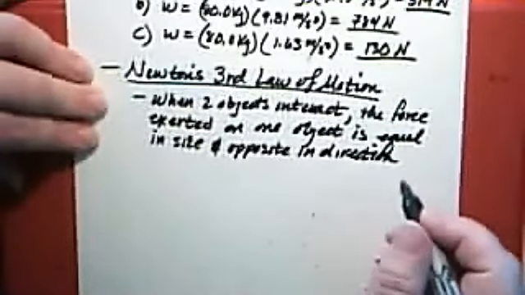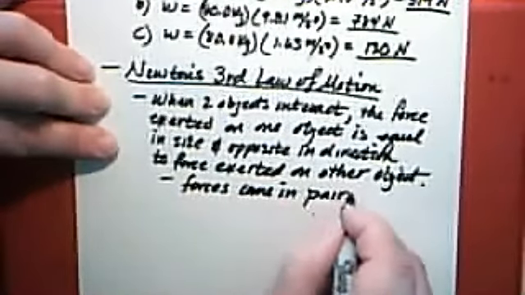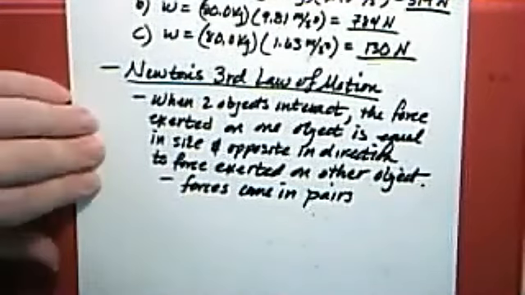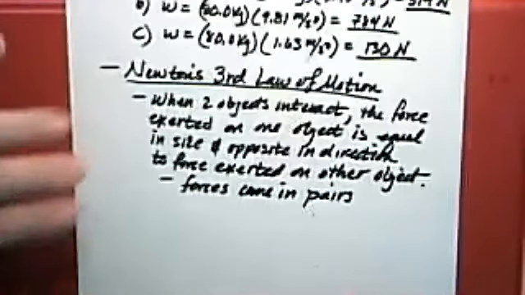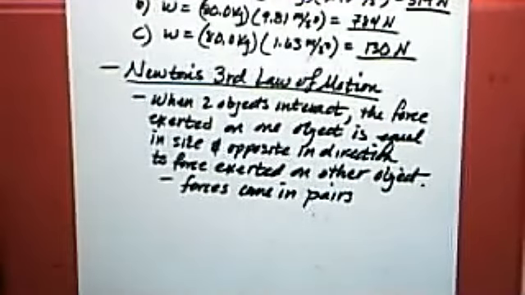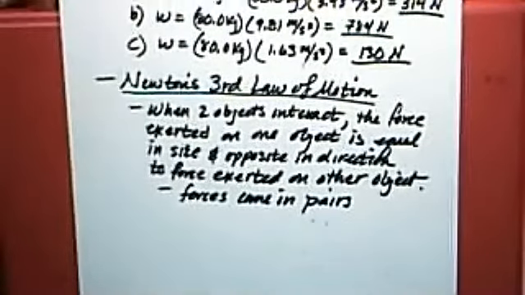Okay, all right, so when two objects interact, the force exerted on one of the objects is equal in size and opposite in direction to the force exerted on the other object.